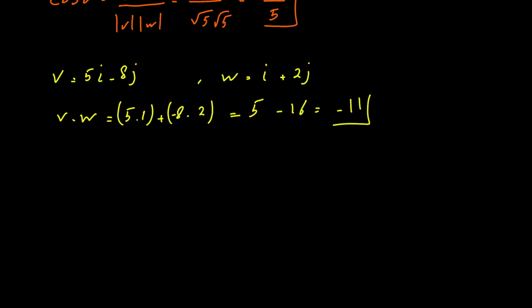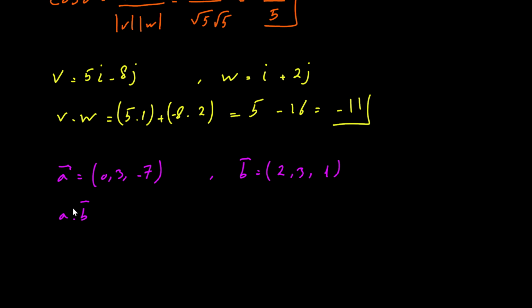The next example tells us that the vector A is equal to 0, 3, negative 7, and vector B is 2, 3, and 1. And now the dot product.